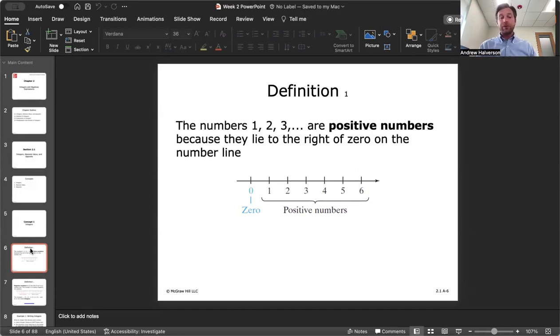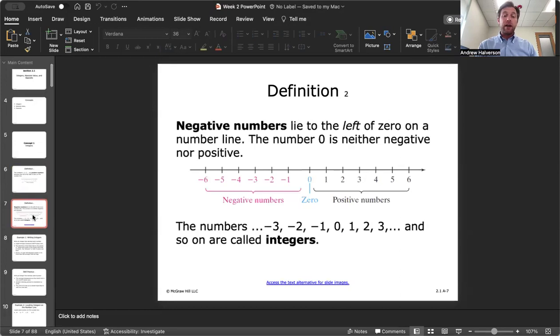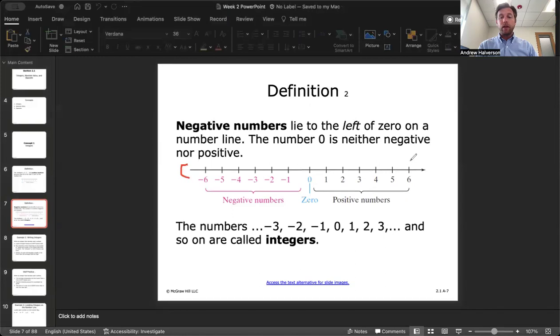Everything else is an integer, both positive and negative values. You'll see here what's called a number line. When you draw the number line, 0 is always in the middle. It's the middle point dividing the positives from the negatives.